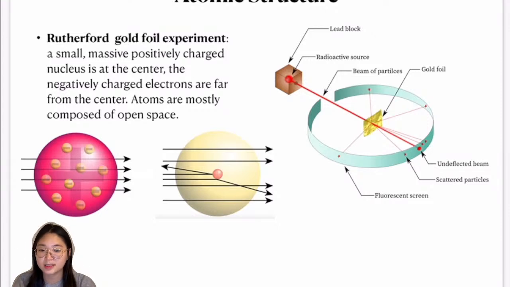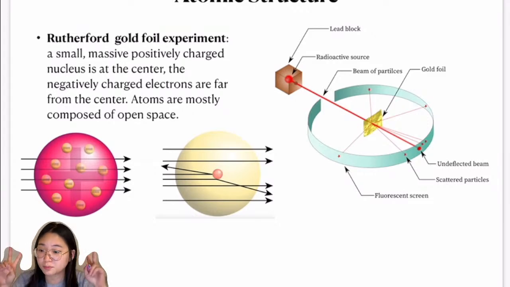And then he placed it at the center. On one side, he has a radioactive source, such as radioactive uranium or something similar. Radioactive means that it's going to emit energy or light, right? He poked a tiny hole in this box to make sure there is only one straight ray of light, shot straight into the gold foil.